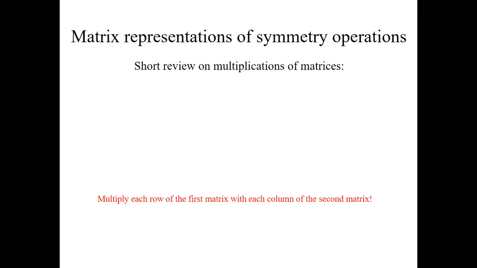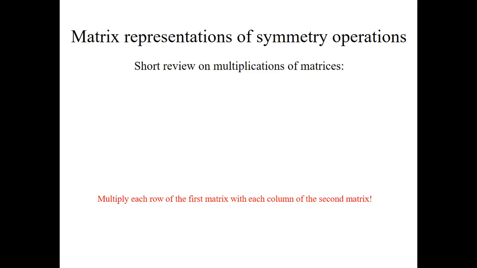Okay. So now to approach this, we should first understand what a matrix is and how matrices can be multiplied with each other. So a matrix is nothing else but a mathematical construct of numbers that are arranged in rows and columns.